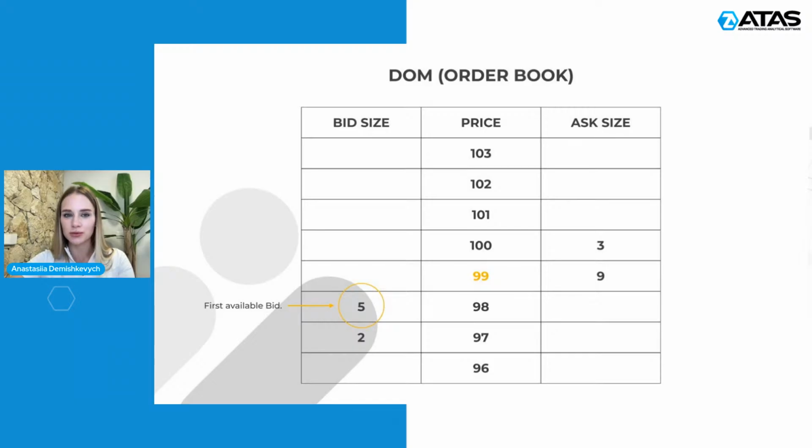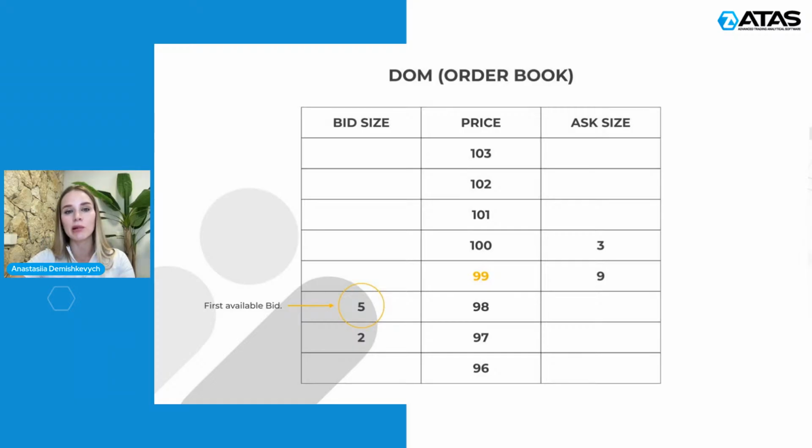Now, let's imagine that an aggressive seller comes into the market and starts actually moving the price. The aggressive seller wants to sell 3 contracts at the market price. And as you already know, because we talked about this in the beginning, a sell market order is executed at the first available price from the passive buyer, meaning the nearest buy limit order. And where is the first buy limit order?